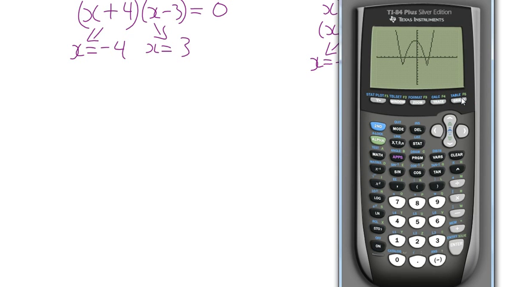All right. What I did for this is I graphed the absolute value of x squared plus x minus 9, and then subtracted the 3. So I turned the equation from this to this.